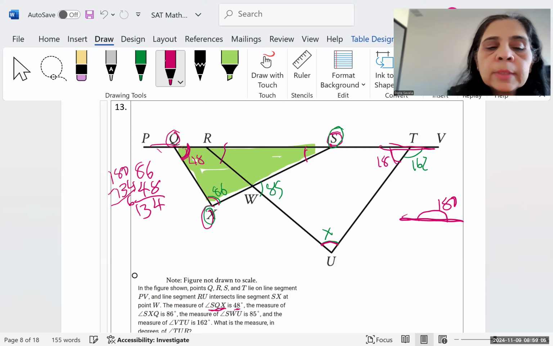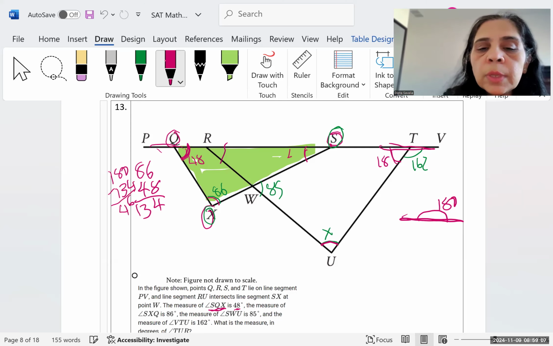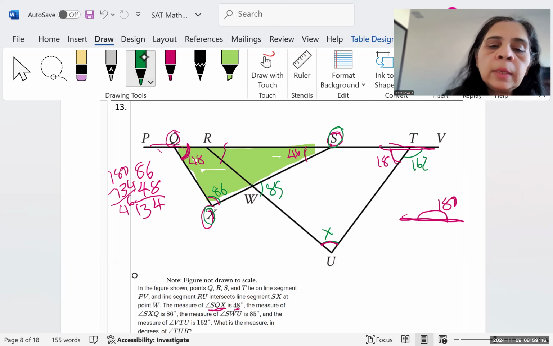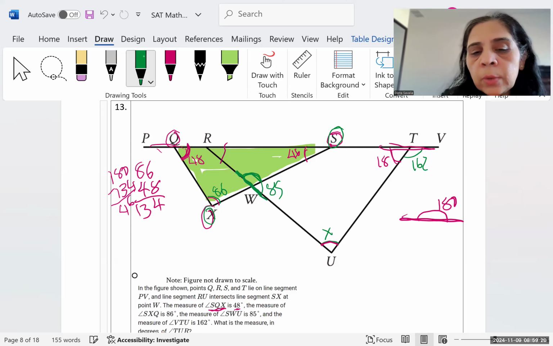That gives 46. All right. Now we have that triangle. Can we find this angle here? Yes, we have a straight line. So 180 minus 85 is 95.